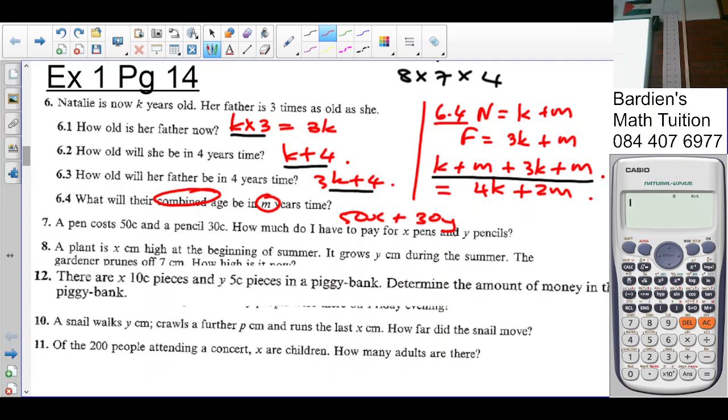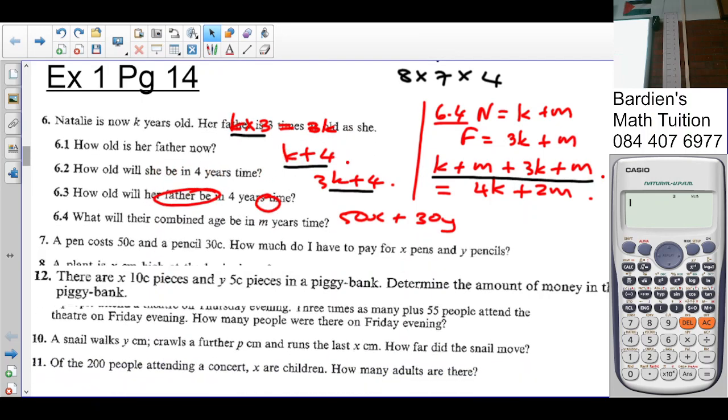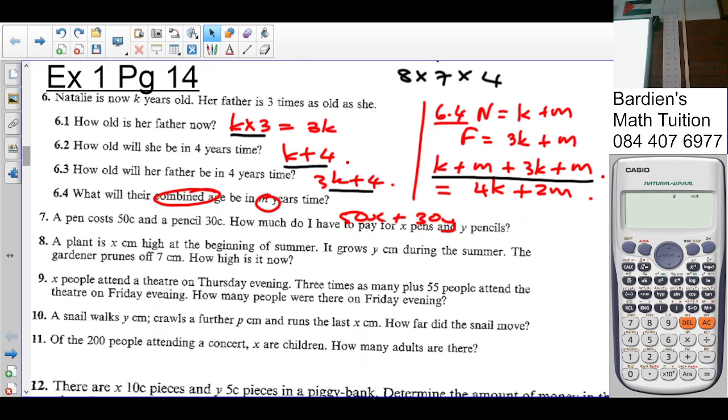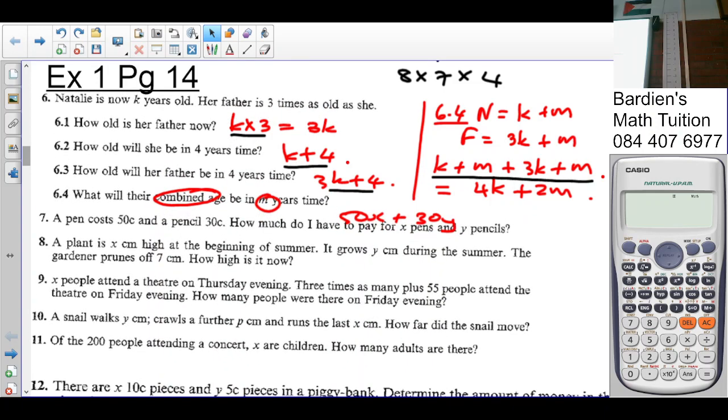A plant is X centimeters high at the beginning of summer.